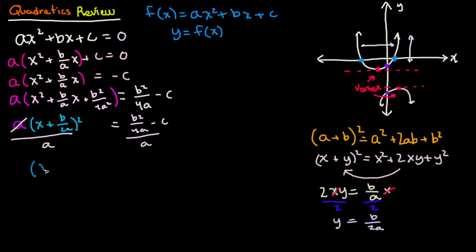So x plus b over 2a, quantity squared, and that is equal to, now we see that this a and this a cancel out, so what we're left with on this side is b squared over 4a squared. This a divides one more time, and this becomes simply c over a.